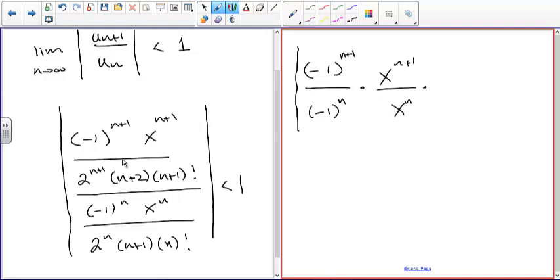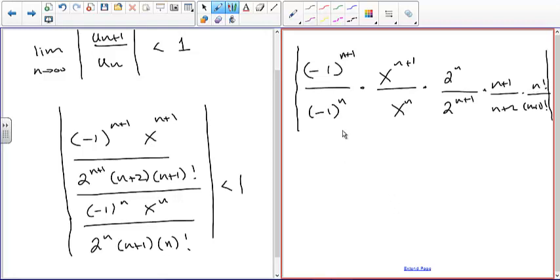And here we've got 2 to the n plus 1 in the denominator, so this 2 to the n goes to the numerator. We've got n plus 2 in the denominator here, so that means this n plus 1 is in the numerator. And then finally here we have n plus 1 factorial. Here we've got n factorial.